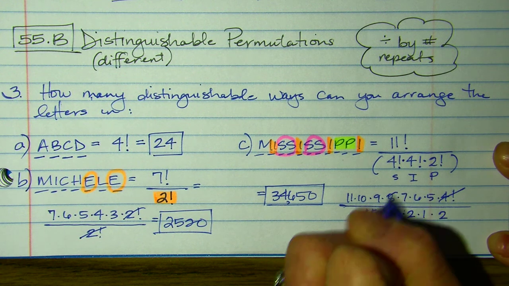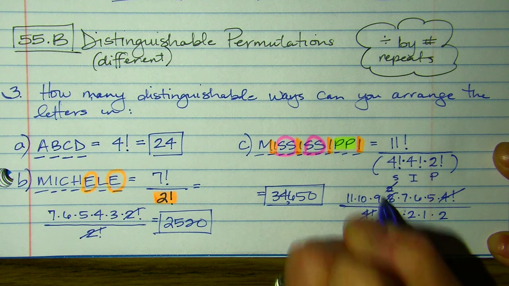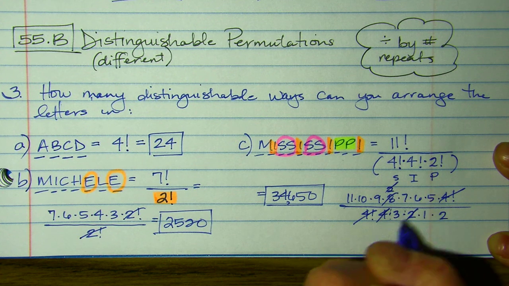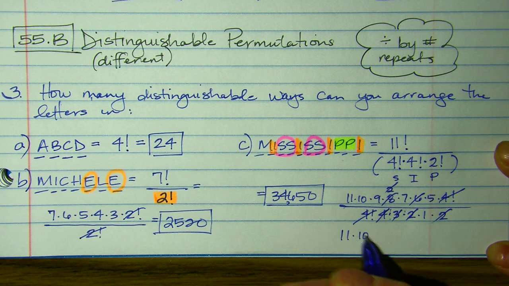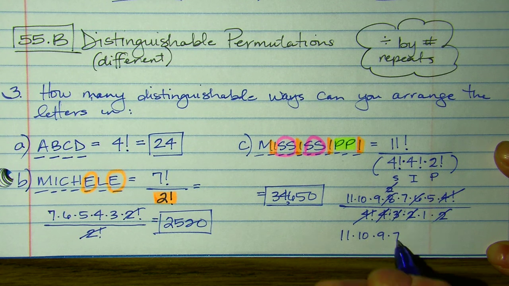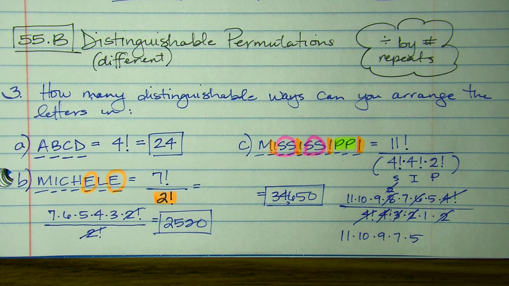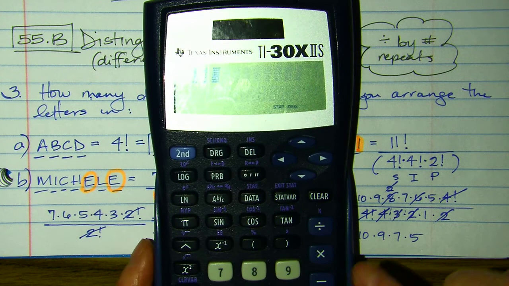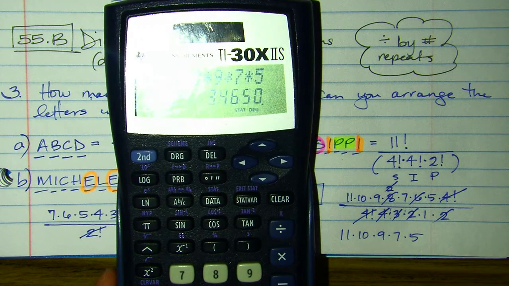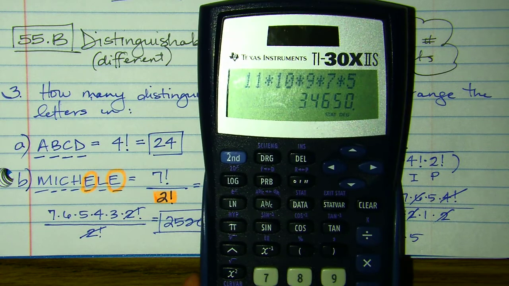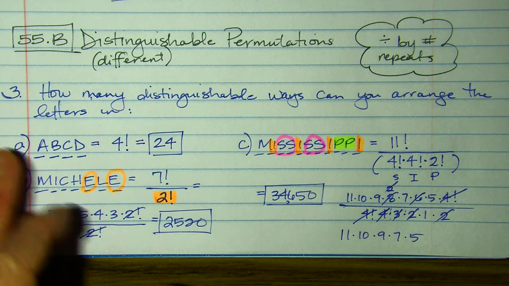So 8 over 4, that leaves me with 2, and then these 2's would cancel. The 3 times 2 and the 6 cancel. So you could have done 11 times 10 times 9 times 7 times 5 and gotten the same answer. And let's check that. 11 times 10 times 9 times 7 times 5. And you still end up with the same answer. So 2 ways to do that one.